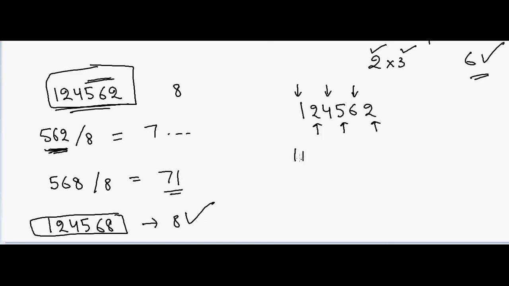So 1 plus 4 plus 6 is 11, and 2 plus 5 plus 2 is 9. If I subtract 9 from 11, that gives me 2, and 2 is not divisible by 11, so this number should not be divisible by 11.